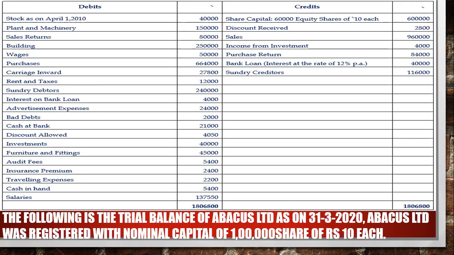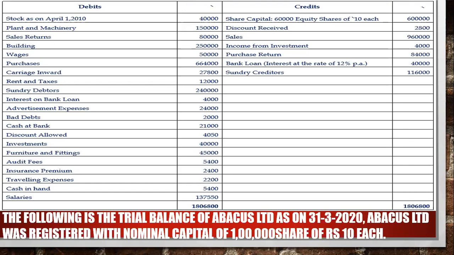After that, you have to add discount allowed also, 4050. As we have discussed, how much discount you are allowing to your customers and how much discount you have received from your supplier, you have to adjust internally. Remember my point. In the last lecture we discussed what they do in the company: how much they are allowing to their customers, you have to less how much they are receiving from their suppliers.